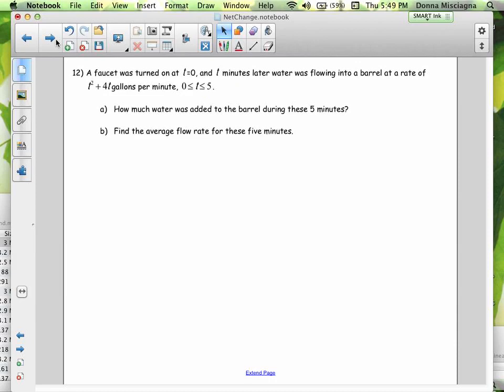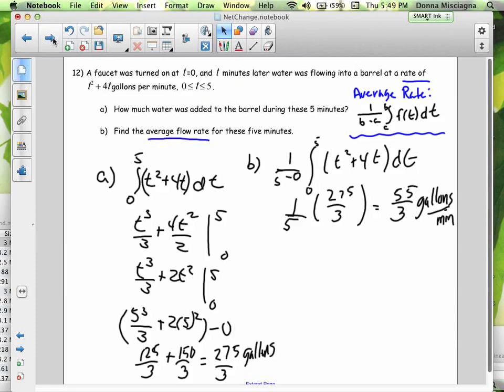For adding water, we're going to integrate and evaluate. We don't have a starting value, since it was an empty barrel, so we don't have anything to add to that.